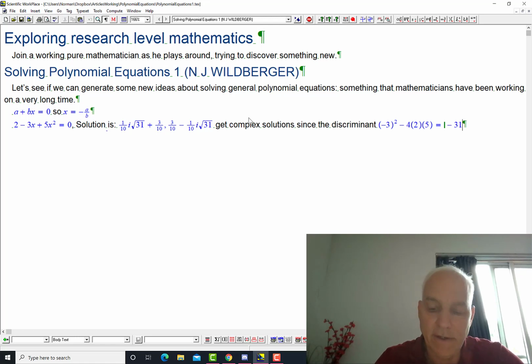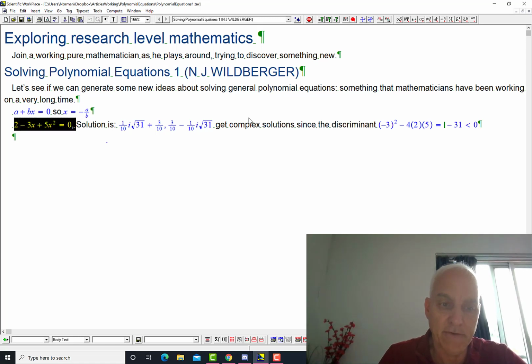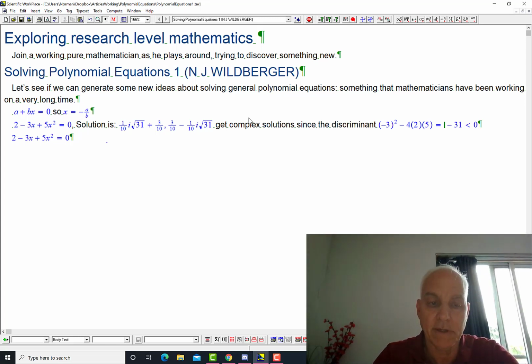That is negative. So let's try a variant on that. Let's make the discriminant positive. We could do that, for example, by bumping this 3 up. Let's make it, say, 9.